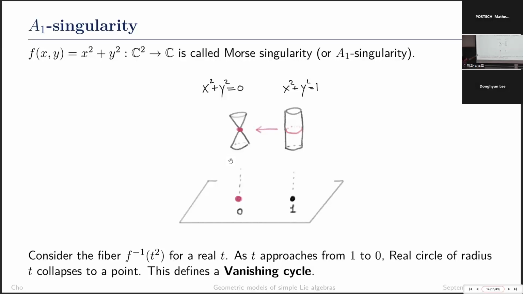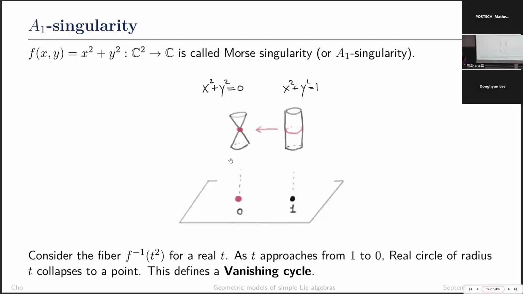A singularity of this form is usually called a Morse singularity of two variables. If it's one variable, it's just x squared. If it's three variables, just add z squared and so on. You add those squared variables, then that's a Morse singularity.